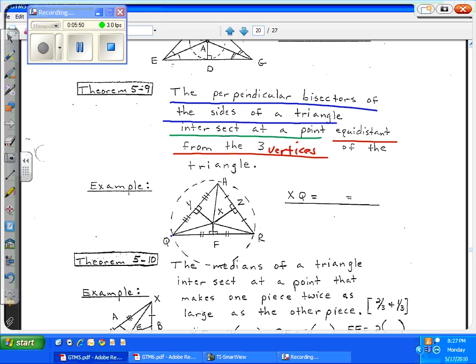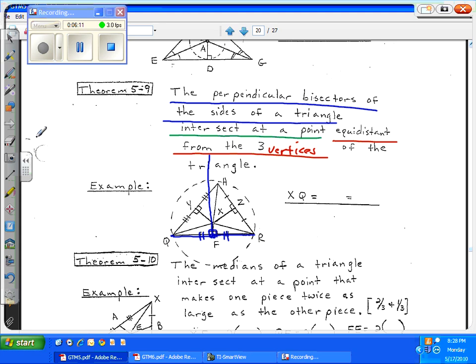So here's what we're thinking here. We're starting out with side QR. We want something that bisects it, which means that F is the midpoint, and it makes QF equal to FR, but it's also perpendicular, and you can just keep drawing that perpendicular line.